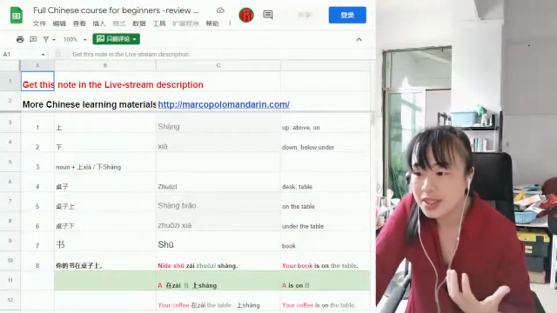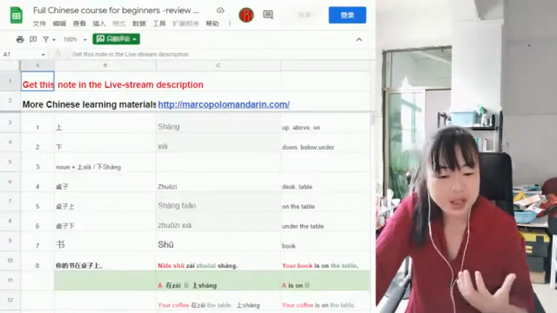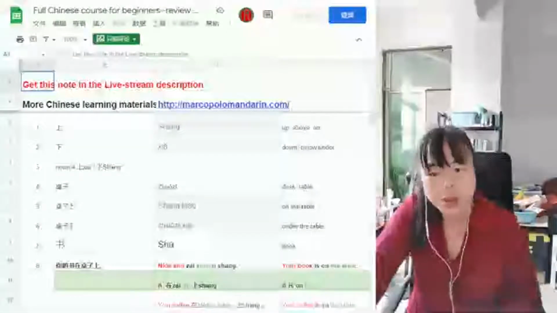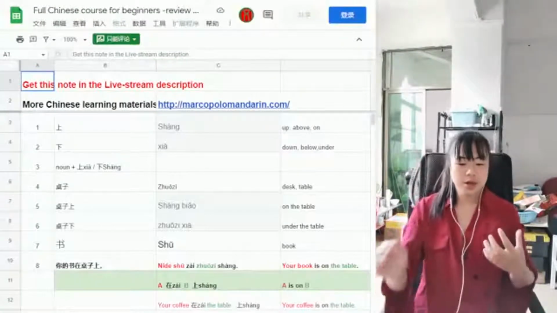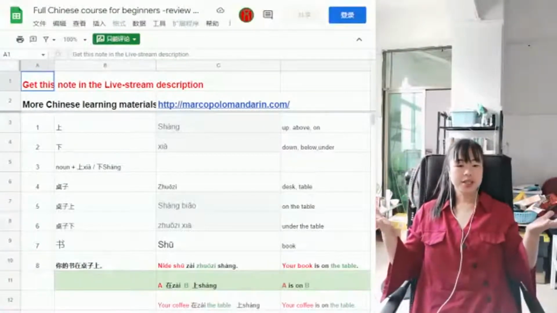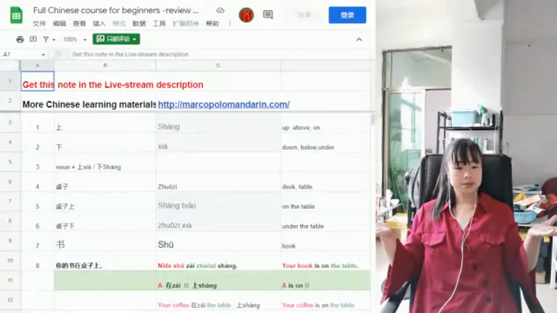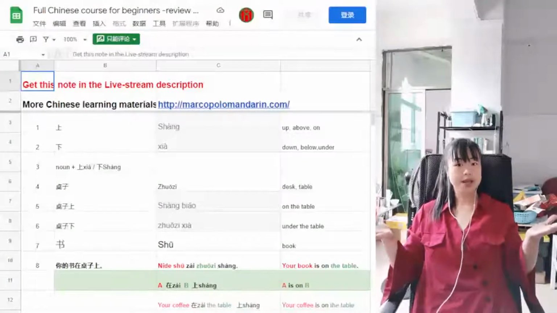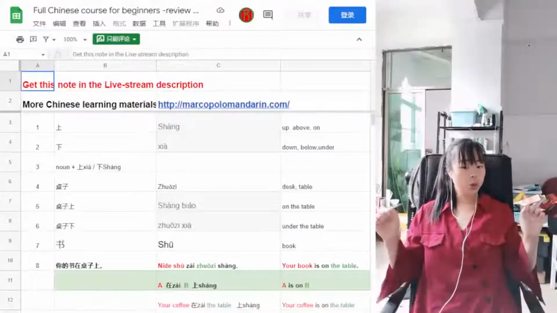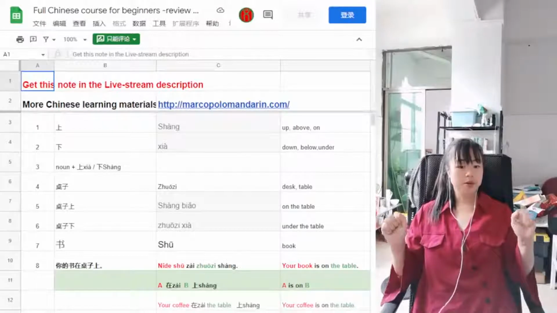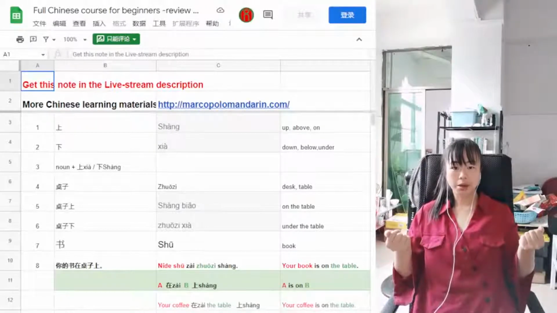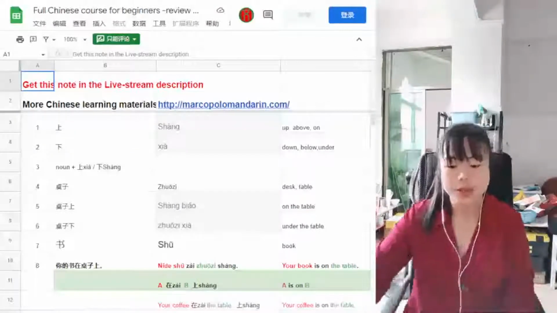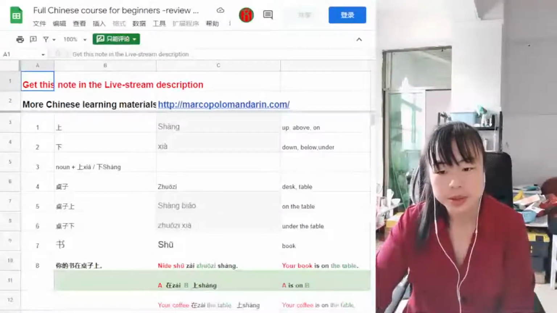But to practice this sentence, I don't want to give you too many new words. So my idea is when you are learning new patterns, you try to use more words that you already know. You don't learn both the new words and new patterns at the same time. Okay? Now, let's do it.